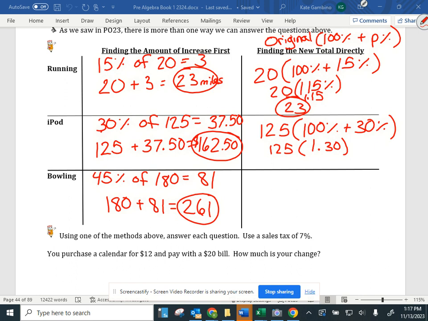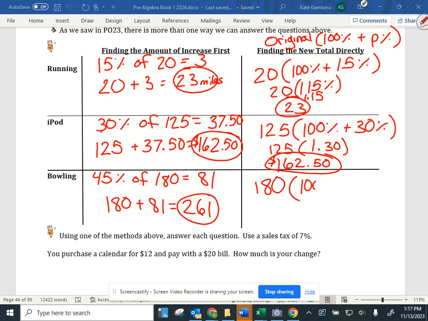If we do the math, what is 125 times 1.3, Will? 162.5. And we put it as our dollars. Now we have bowling. What is our original score for the bowling? Jude? 180.